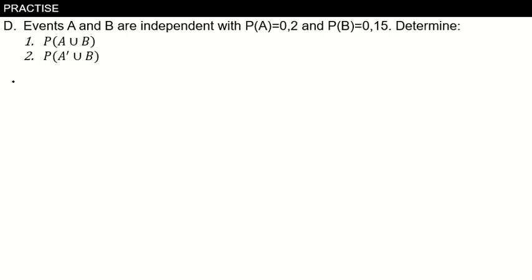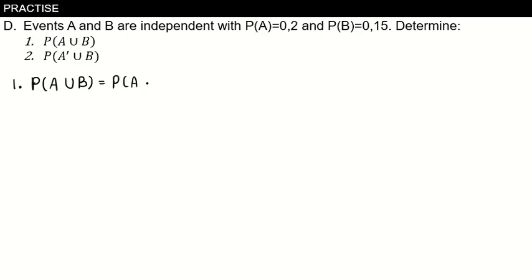Okay, so hopefully you have already done this question. These events are independent, which means that we can use the independent formula to calculate the and. They are asking us first, what's the probability of A or B?